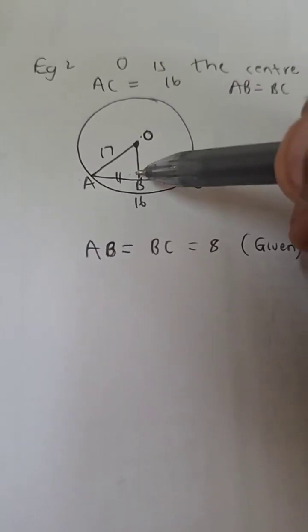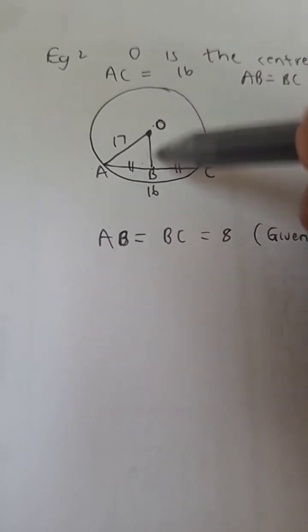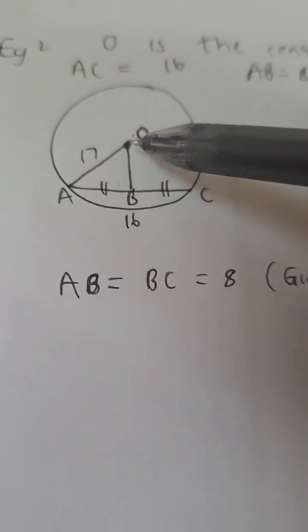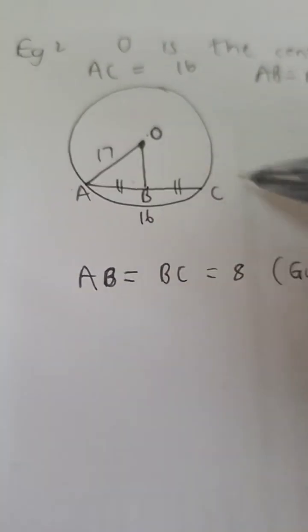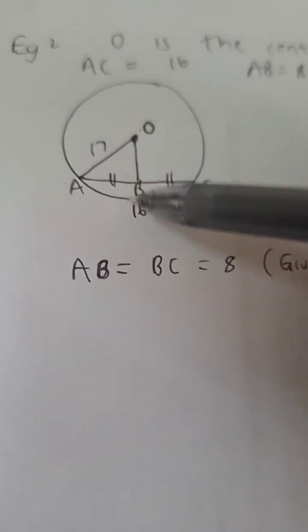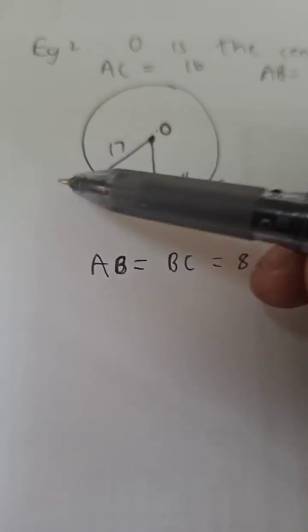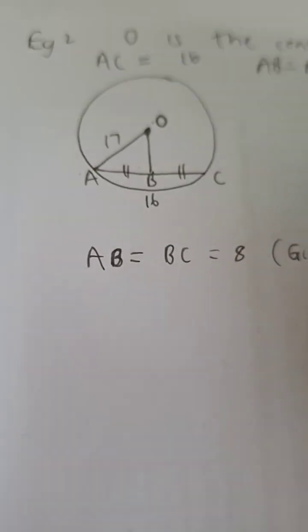But unfortunately, I haven't been told that this is 90 degrees. But because of the theorem, a line from the center to the midpoint of the chord, what does it do? It is a line from the center to the midpoint of this chord. That means that this line is what with the chord?